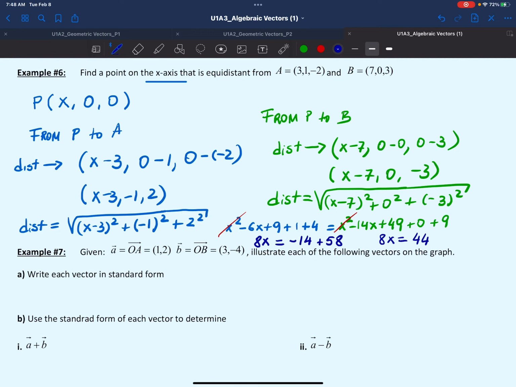And x must be 44 over 8, or in a simpler form, divide both by 4, we have 11 over 2. So therefore, we're going to say the point P must be 11 over 2, 0, and 0.